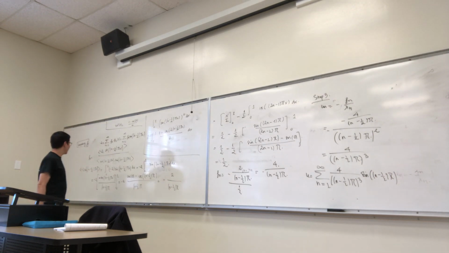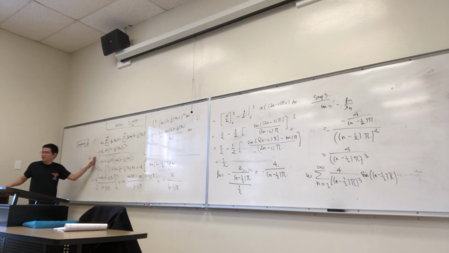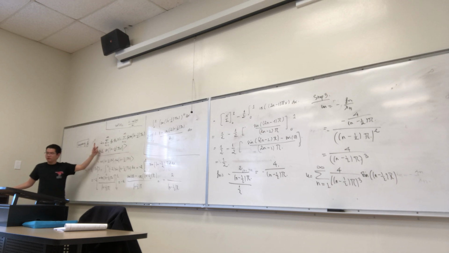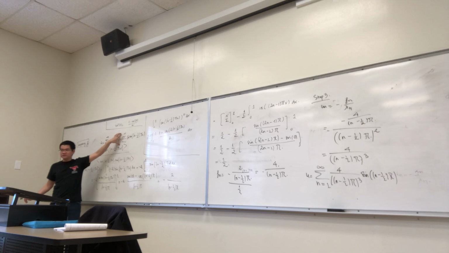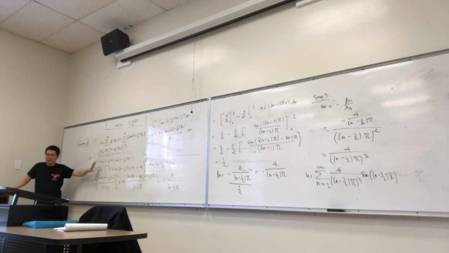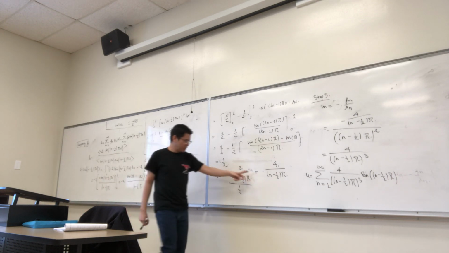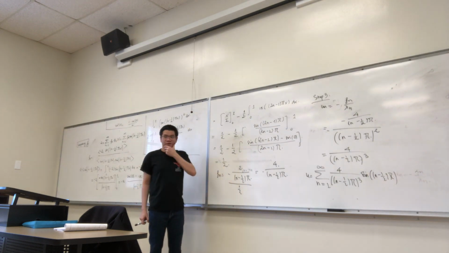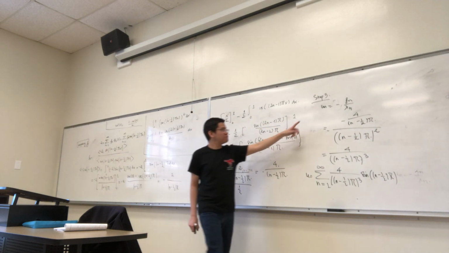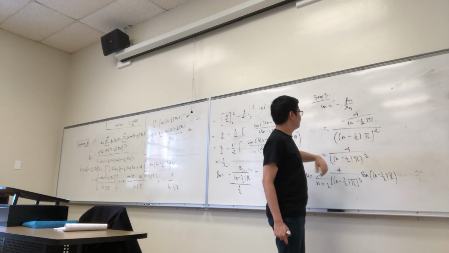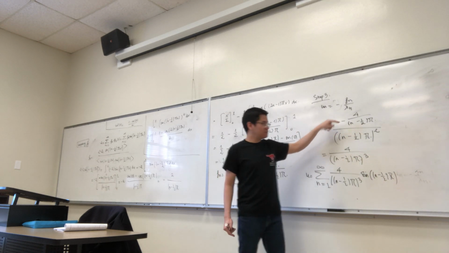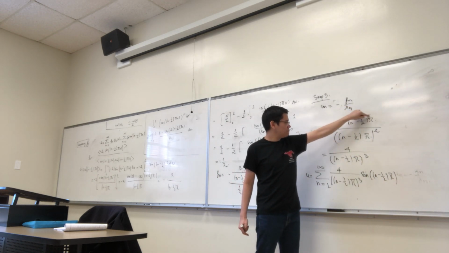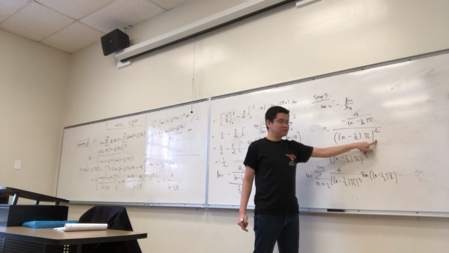So let me explain again. So here I can compute Fn, right? Fn can be computed by taking the inner product of the source and the eigenvectors, dividing by the eigenvector squared. So you do all of those computations, and what you get at the end of the day is minus 4 over (n minus 1/2) pi. Alright? So now you have a formula for un. You have un is minus Fn over lambda n. So this gives me minus 4 over (n minus 1/2) pi over (n minus 1/2) pi squared.